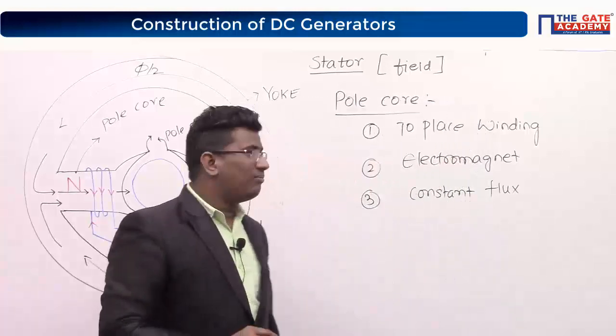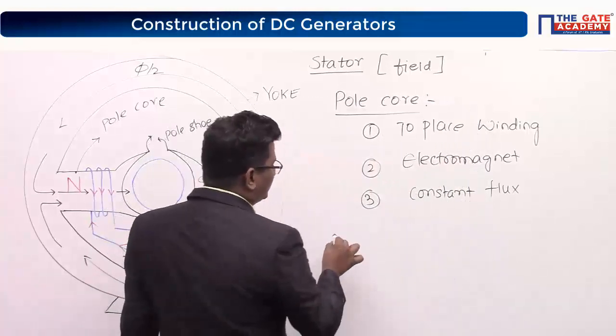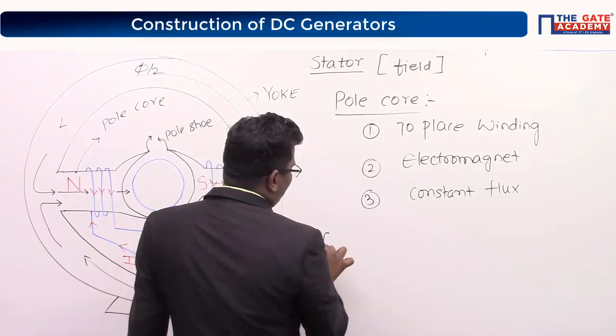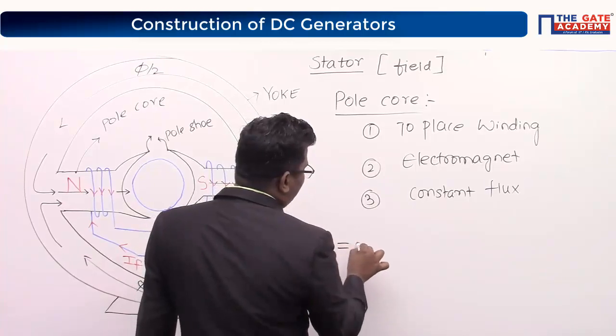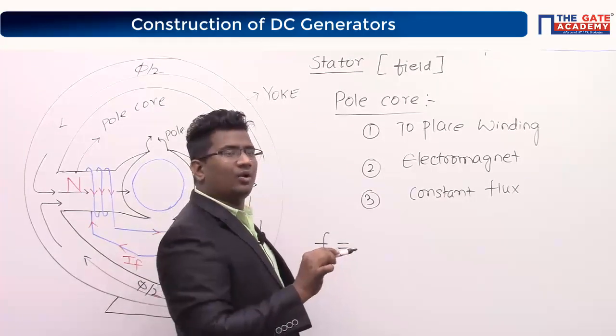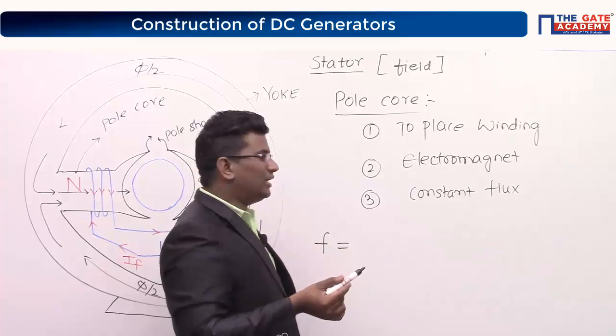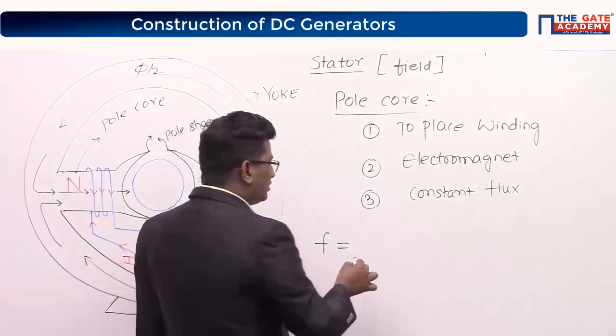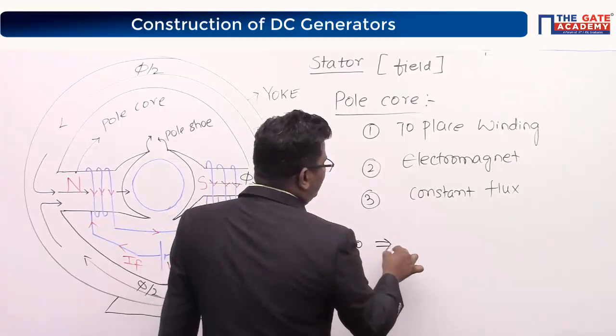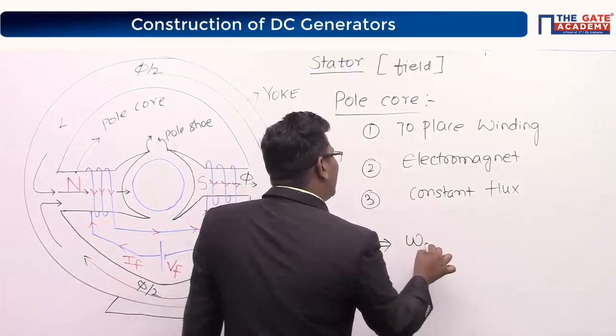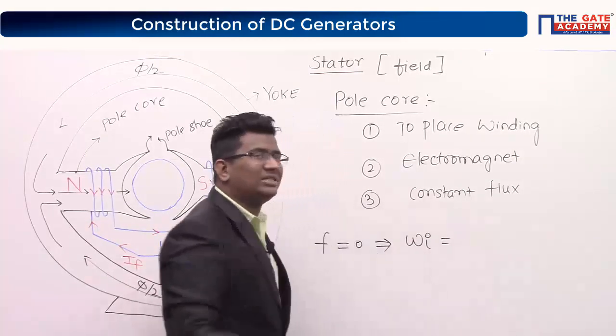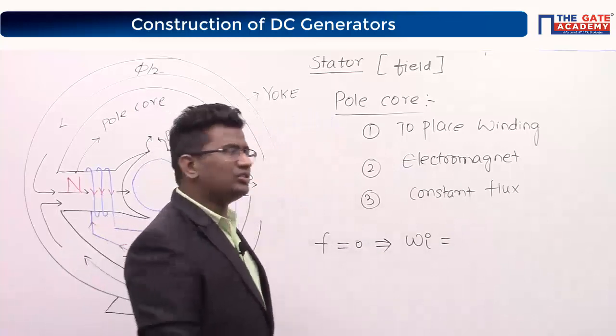Constant flux means, again, frequency is equal to what? Constant flux is nothing but frequency equal to 0. If frequency is equal to 0, then iron losses, meaning hysteresis and eddy current losses, are also 0.